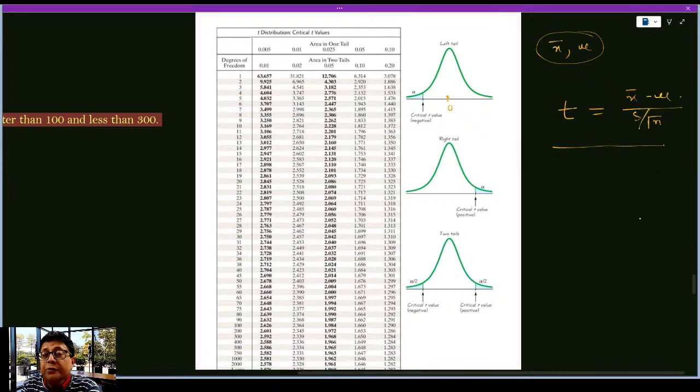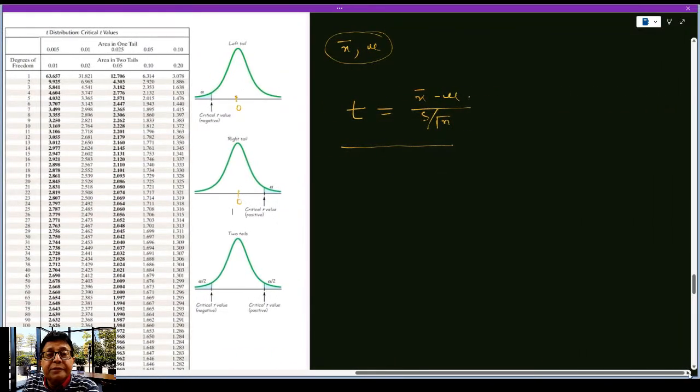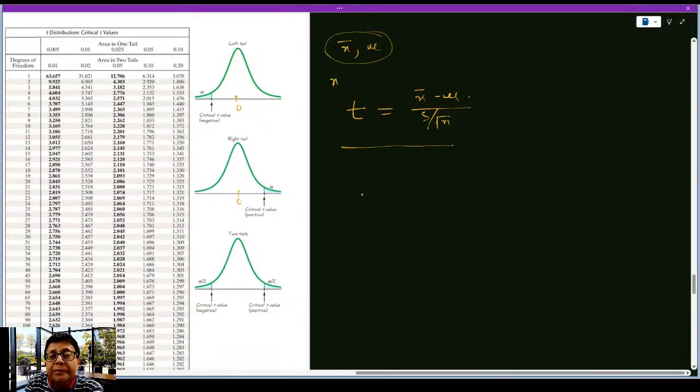If it is a positive t value, then it will lie on the right side of the origin. This will do for the left tail test. A little bit of idea I have told you. A left-tailed test means when this part is negative, x bar less than mu, t is becoming negative. So we need a left tail test.